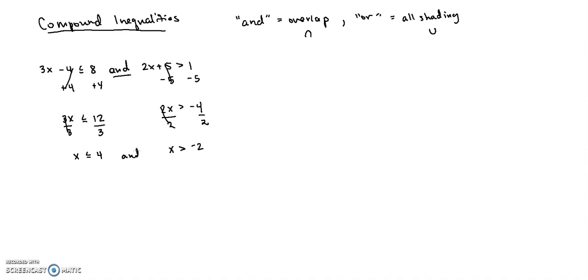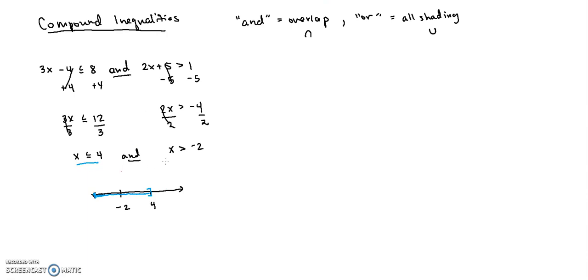Okay, now this is an and statement. That's where this comes into play. So we need to graph this and figure out where it overlaps. So our numbers are negative 2 and 4. Make sure we get those in order. Okay, we want x less than or equal to 4. So less than goes to the left. And that's going to be a square bracket there.